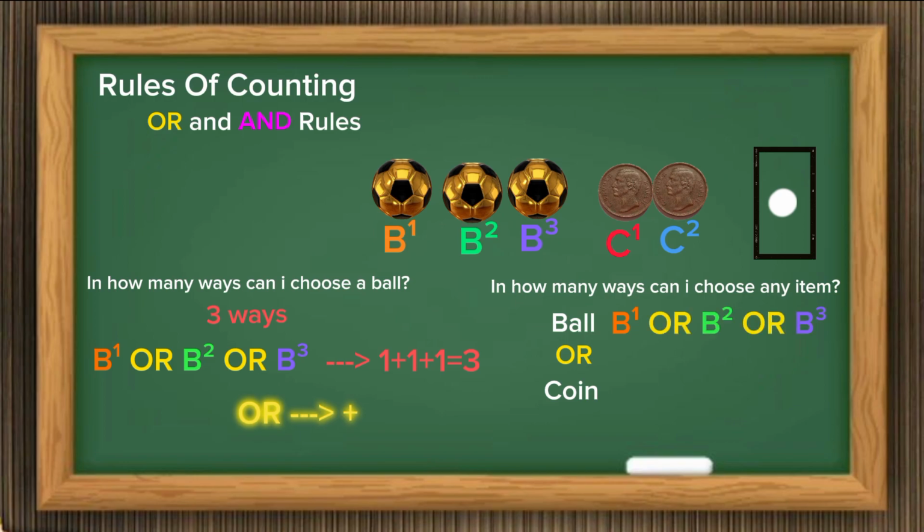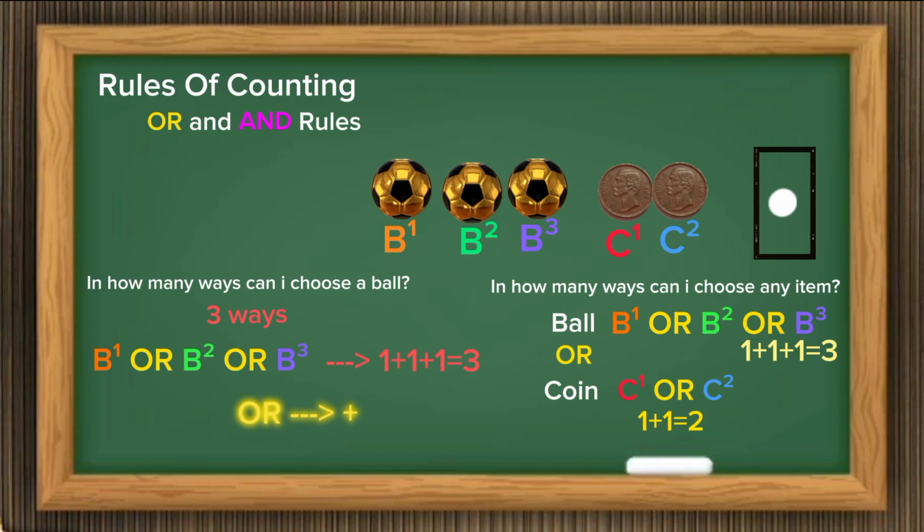As OR means addition, I can choose one ball in 3 possible ways. Similarly, choosing a coin means choosing C1 or C2. Again, as OR means addition, I can choose a coin in 2 possible ways.